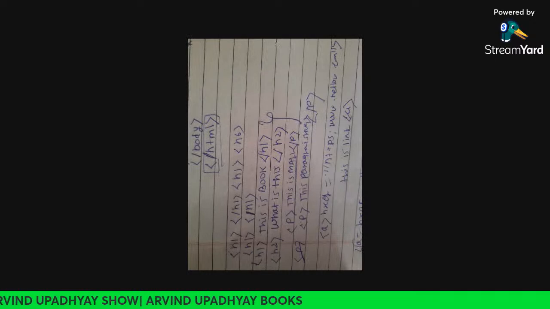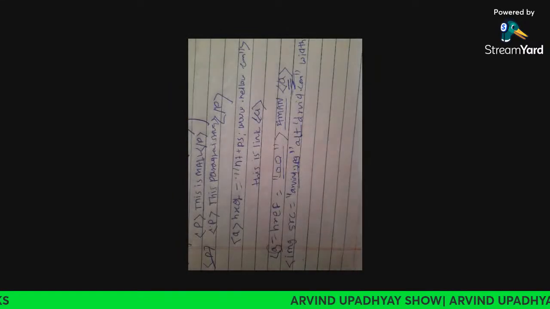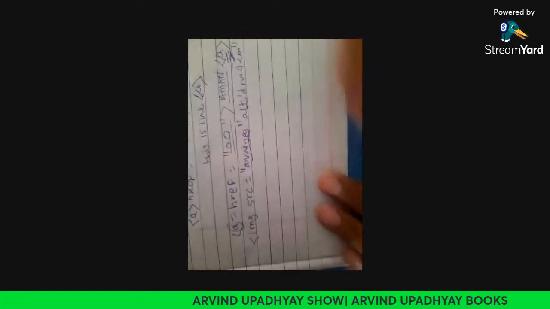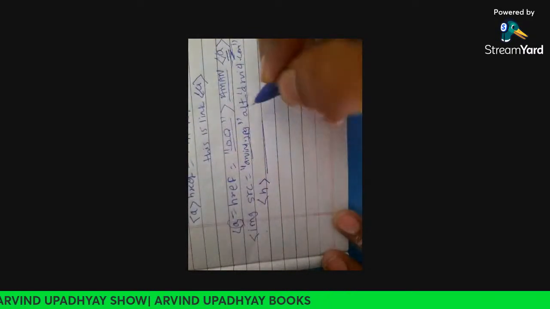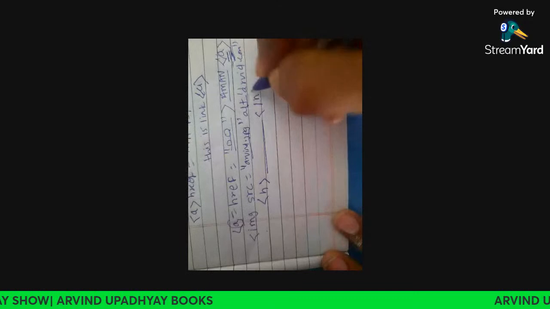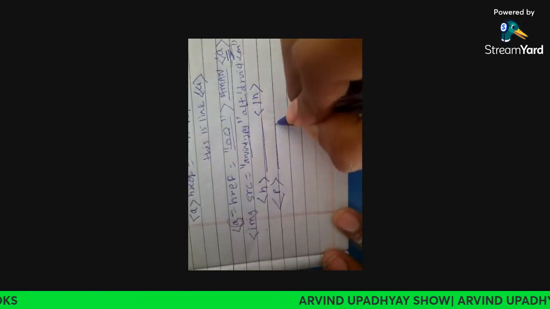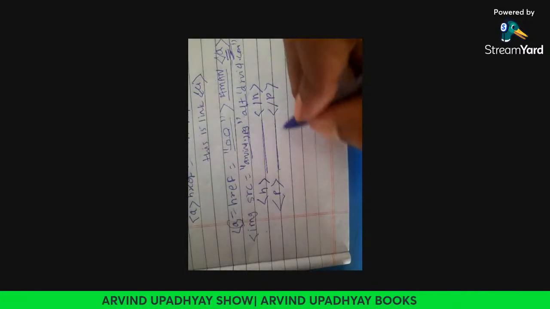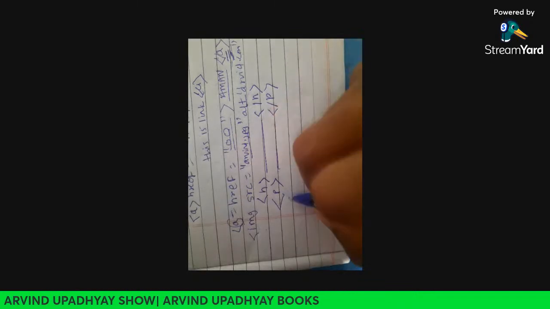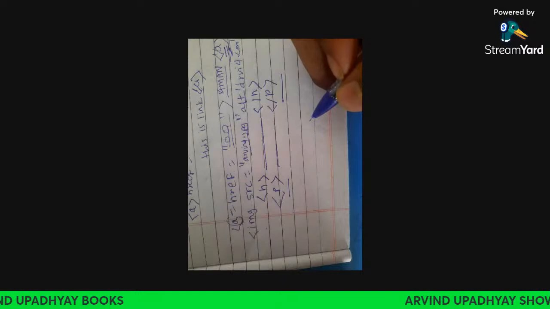So start tag and end tag are what you are going to find in HTML. An HTML element is like the tag name, then the content goes, and then the tag name. For example, this is a heading, and here you can write anything in the heading and close this heading. This is a paragraph, write anything in the paragraph and then close it. Everything from the start tag to the end tag.